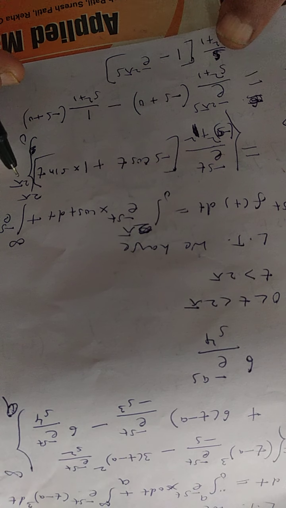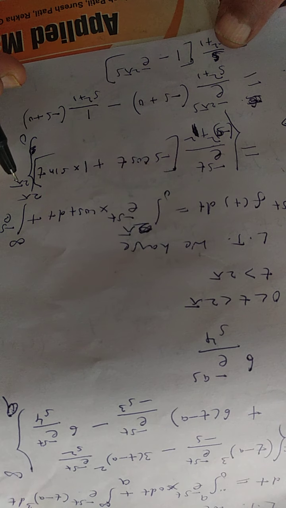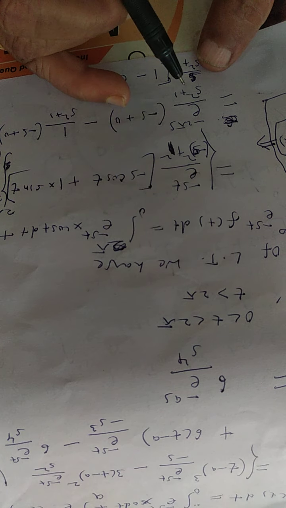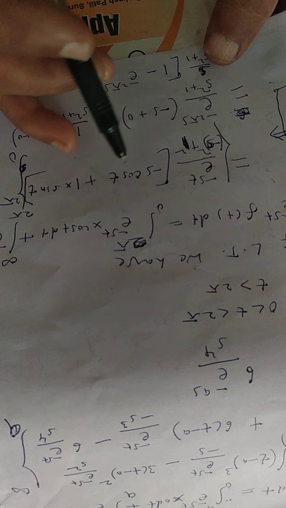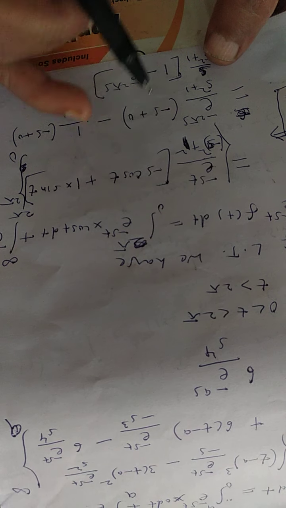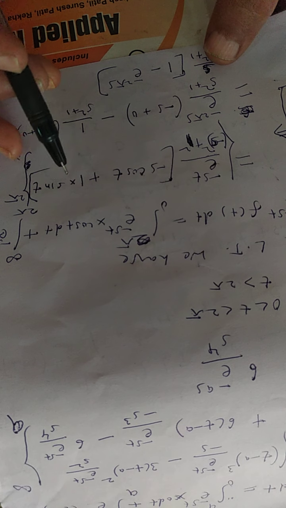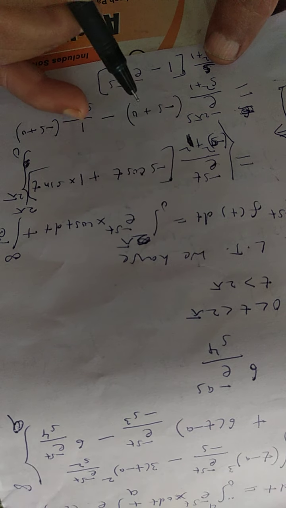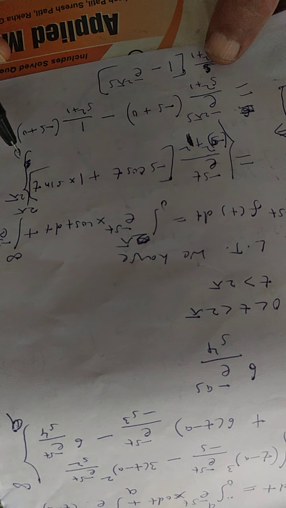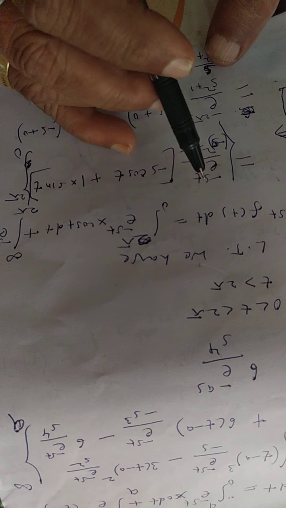So if we put the upper limit, that is t is equal to 2 pi, then the value is e raised to minus 2 pi s divided by s square plus 1, into minus s cos of 2 pi. Cos of 2 pi is 1, so minus s into 1, that is minus s, plus 1 into sin of 2 pi. Sin of 2 pi is 0, and therefore the value is 0, minus the lower limit, e raised to 0.